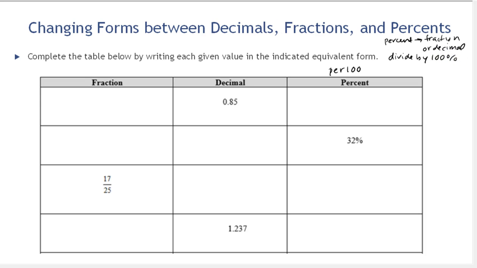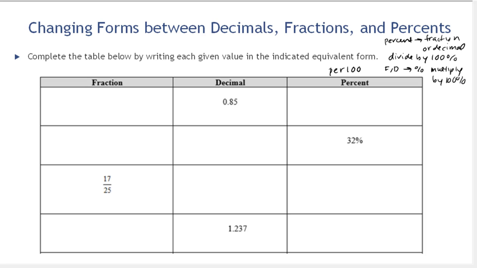And we're going to use the percent symbol here when we write this so that we can keep track of the percent signs and whether we're working in the right direction. And if we're going from a fraction or decimal to a percent, we're going to multiply by 100%.